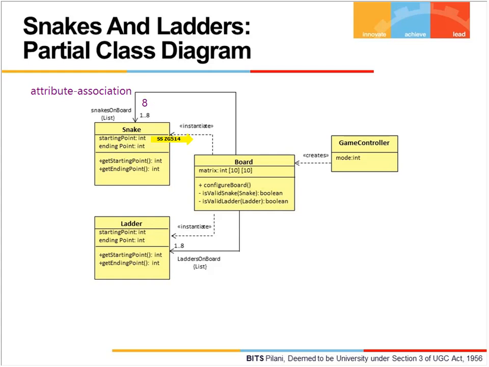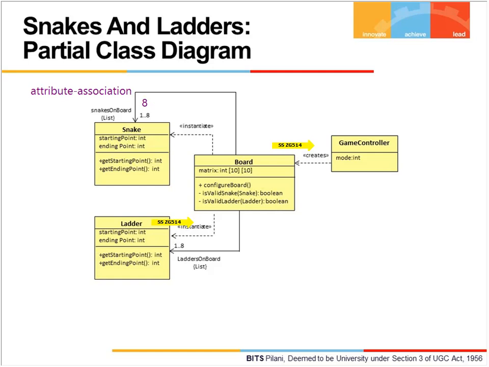This dependency relationship signifies that board instantiates objects of class snake, right? Similarly here, board instantiates objects of class ladder, right?